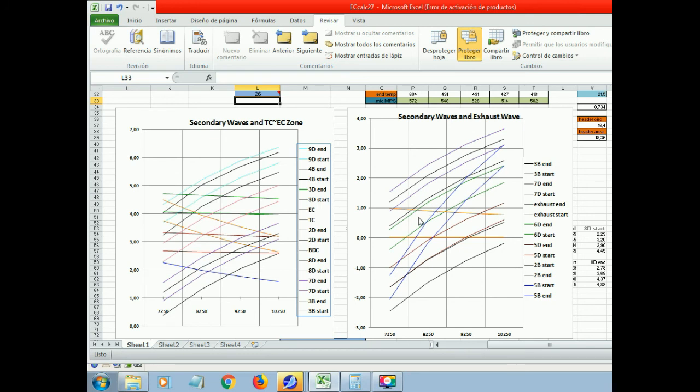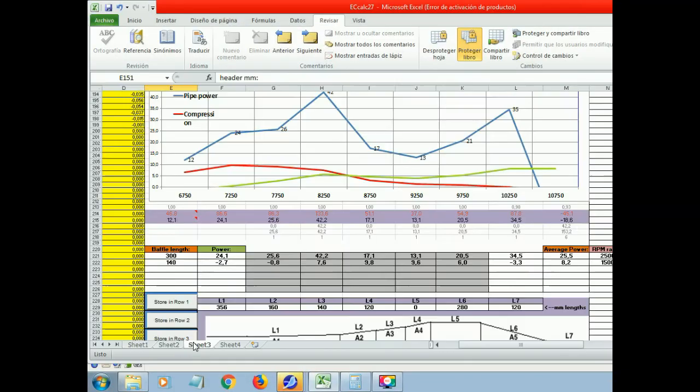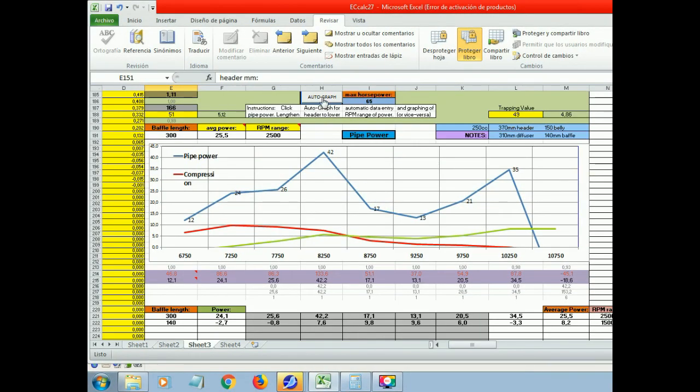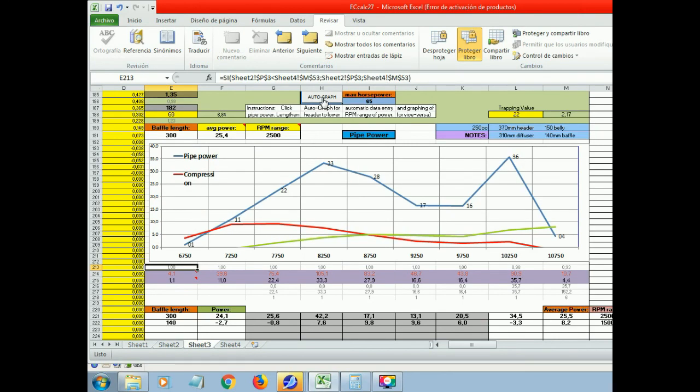In this case, we've got a crossing right around 7750, and we've also got one about 9250. Let's see how it looks on the higher graph. Okay, it's a little bit better right here.